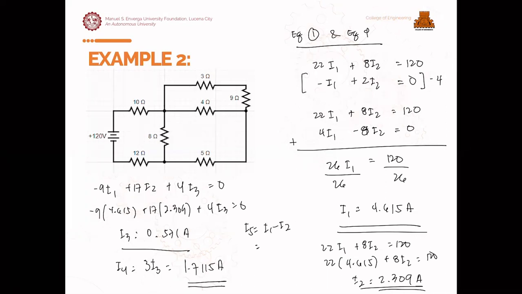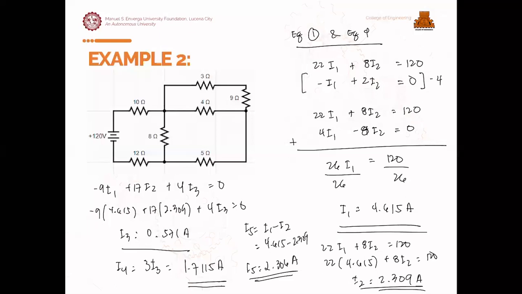So 4.615 minus 2.309. So I5 will be 2.306 amperes. Okay?